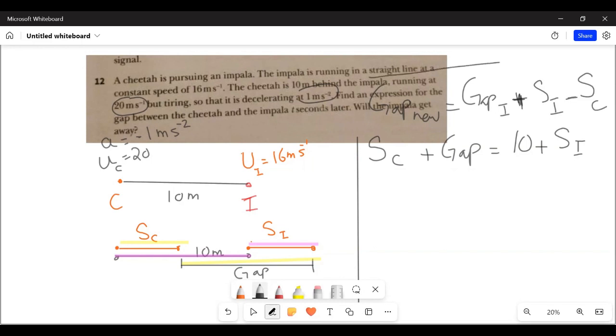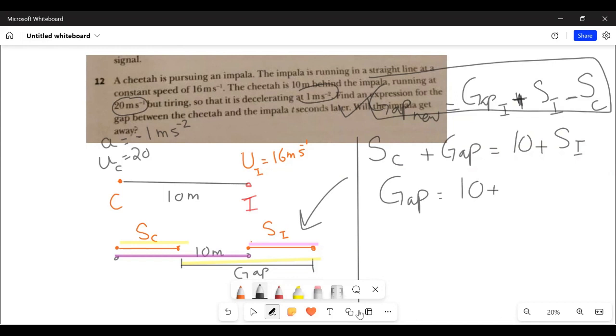So if you can remember this formula, very good. Otherwise, you'll have to make this diagram and figure out the relationship between SC, 10, SI, and gap. Otherwise, remember this formula: the gap at t seconds equals the initial gap, which is 10, plus distance covered by the animal that's ahead, which is the impala in this case, minus distance covered by the animal that's behind, SC.